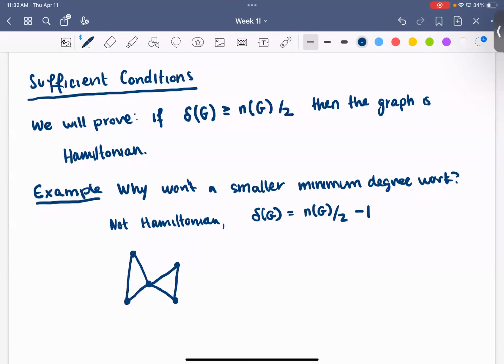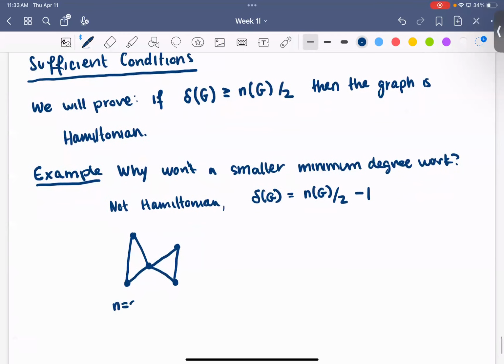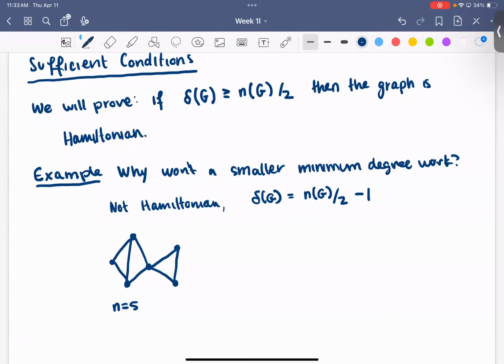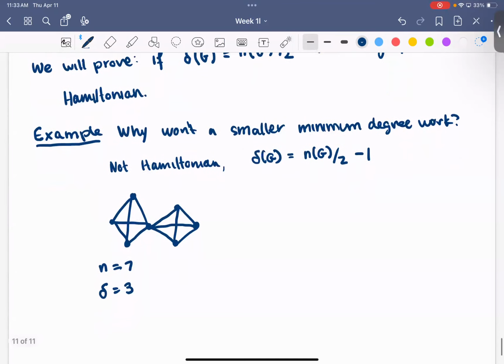For example, here n is 5, so you could just put complete graphs on either side. Maybe I'll do K4s on either side to make it easier to see how to generalize. So n here is 7, and delta is 3. This is not Hamiltonian because it's not even 2-connected.